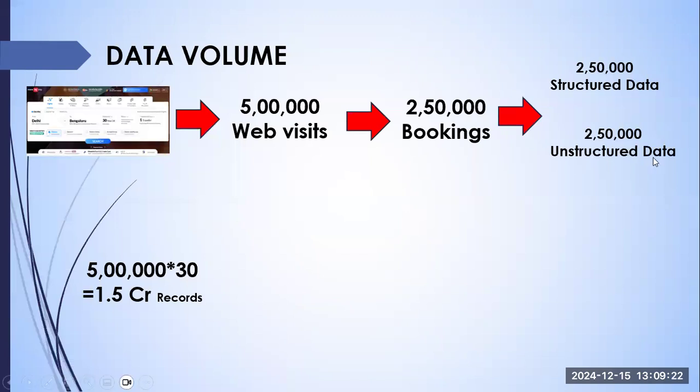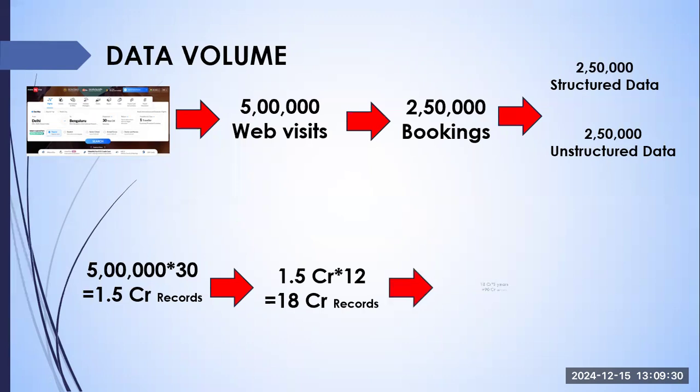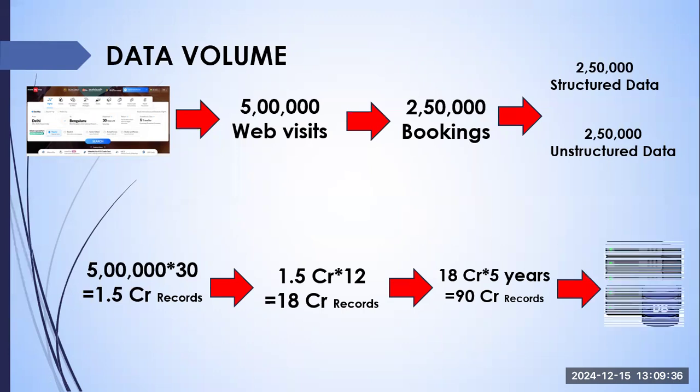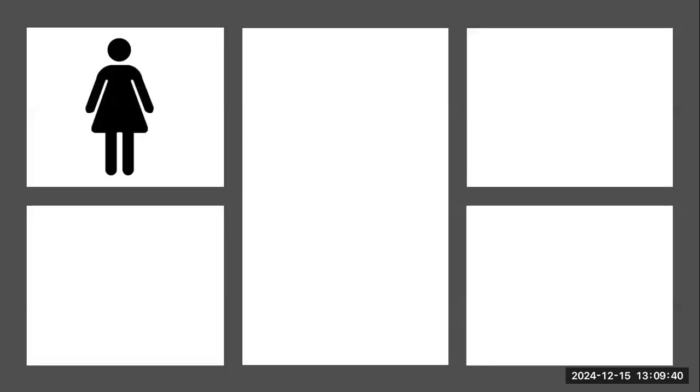If you multiply by 30, we get 1.5 crore records. If I multiply by 12 for 1 year of data, 18 crore, and for the last 5 years, we get 90 crore. So it's big data, 90 crore records. So here the big data concept comes into existence. Then what do we do with data? You have the data.